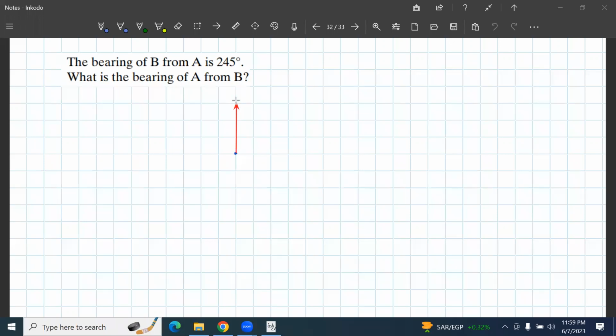Remember that this is the north, N, and now we are looking at the angle 245 from north in the clockwise direction. This one is 90, 180, 270. So it is less than 270, somewhere here, 245.